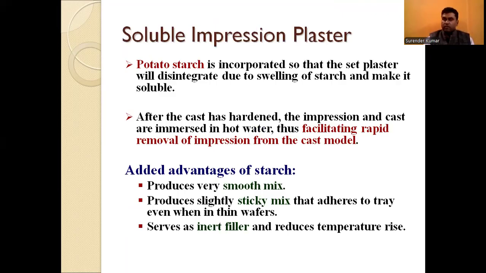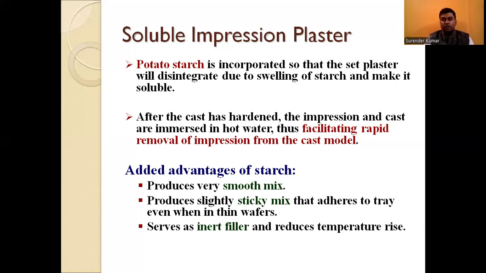Soluble impression plaster is so called because it contains starch, which is incorporated and will disintegrate due to swelling of the starch, making it soluble. After the cast is hardened, the impression and the cast are immersed in hot water, thus facilitating rapid removal of the impression from the cast model.